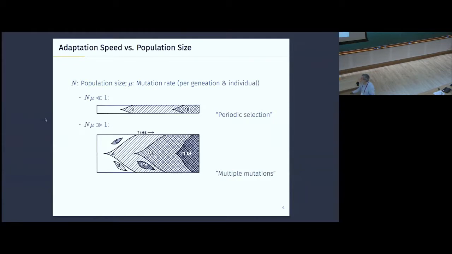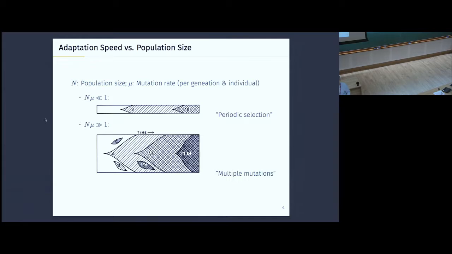So if the time between the appearance of advantageous mutations is longer than the expected time for fixation of such a mutation, we are in this regime which is called periodic selection, in which the rate of adaptation, that is the rate by which new advantageous variants are fixated in the population, is proportional to the population size.